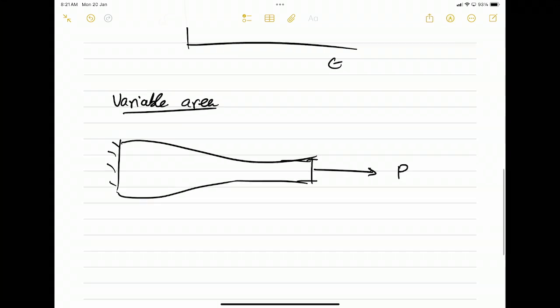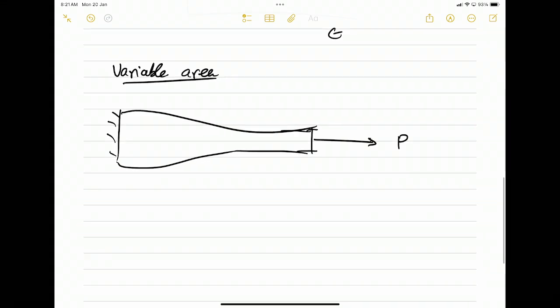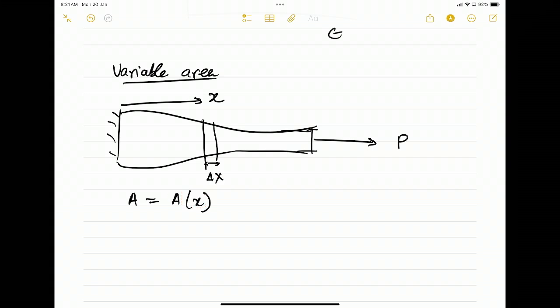We apply a load P. Area is a function of x.